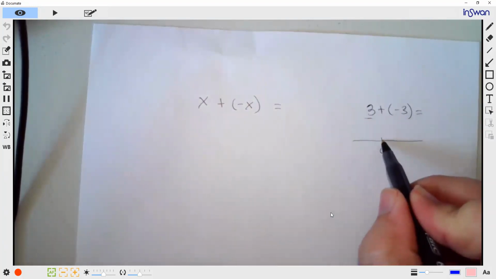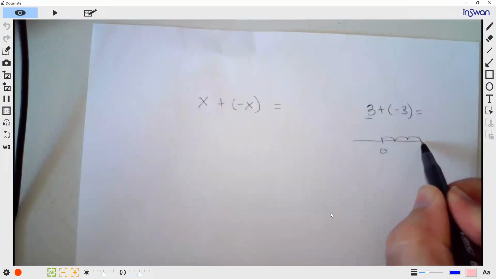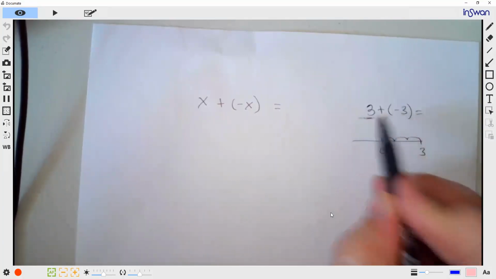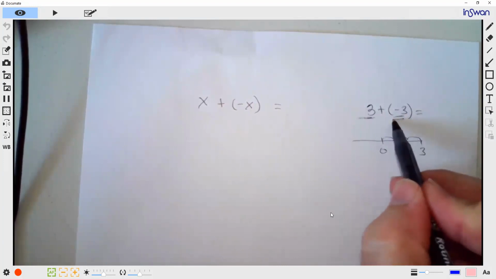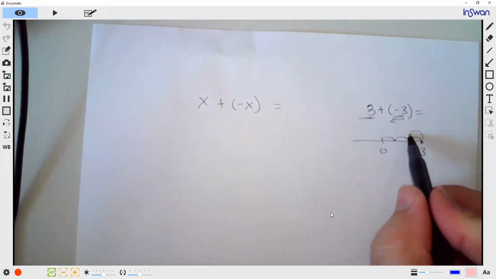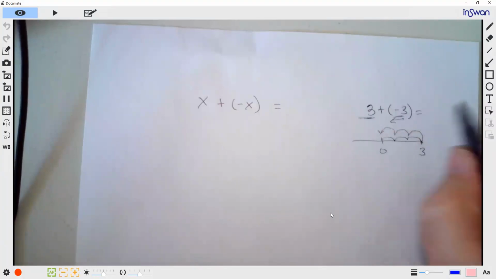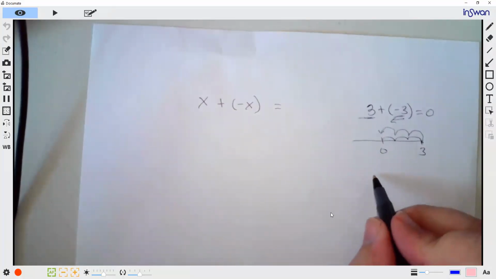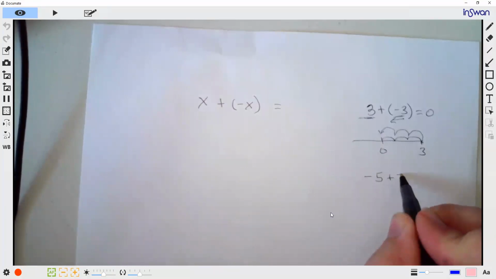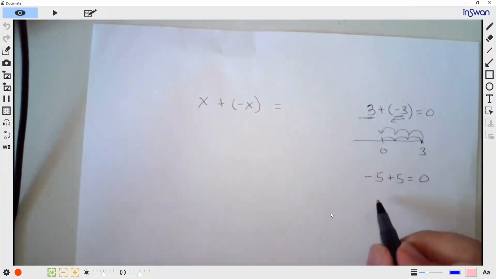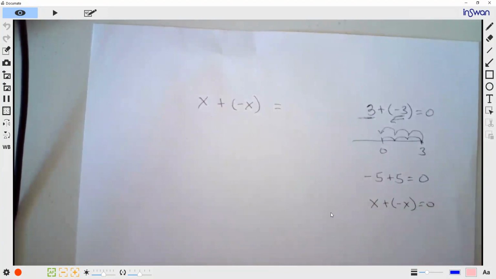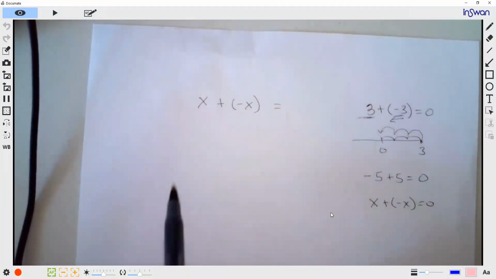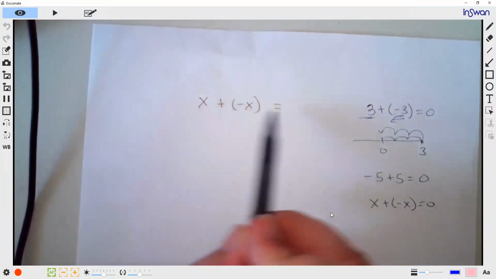So this one says go to the right 3 spaces. 1, 2, 3. So it's positive 3. This one's negative 3. Negative goes that way. 1, 2, 3. So it would just be 0. Whenever you have opposites of each other, 5 plus negative 5, 0. x plus negative x, 0. You could think of it as canceling it out. Exactly. So if you have the same numbers, different signs, it becomes 0.